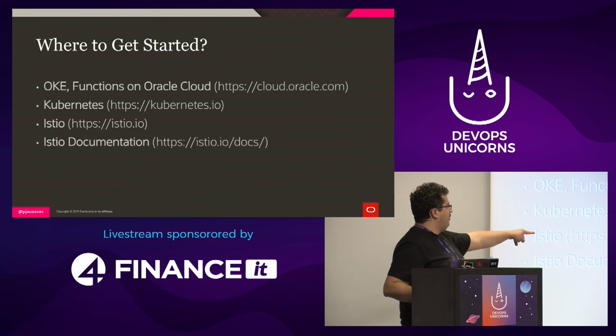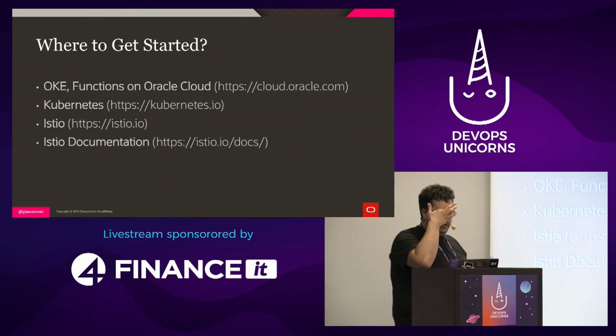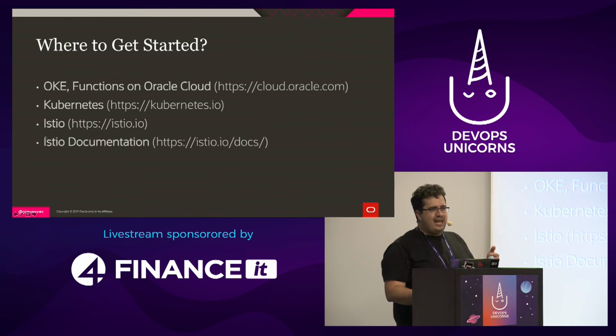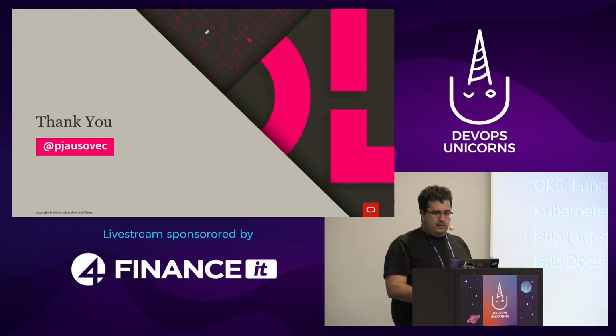Istio.io, if you want to use this exact same thing that I did, they also have very good documentation. Also, there are other service meshes that you can try, and they have parity with the same features, right? So you can get the same features with other stuff.